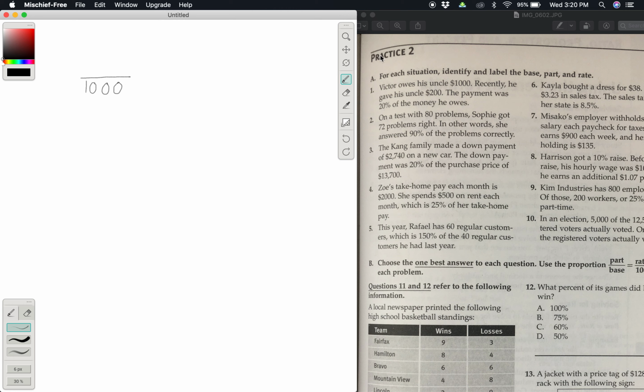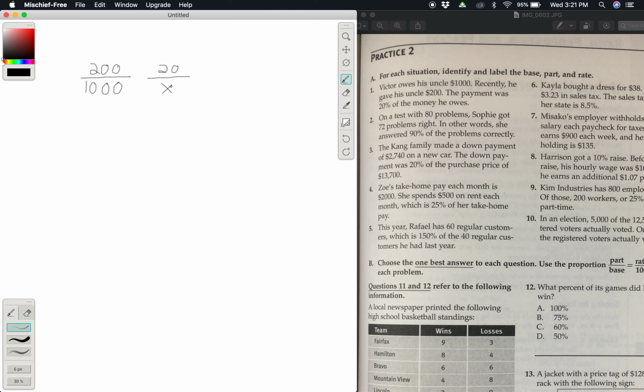And then recently he gave his uncle $200, which is a part. $200 is a part of that base. And then the payment was 20% of the money he owes. So the percentage is always the rate, not the 100% that would go down here.